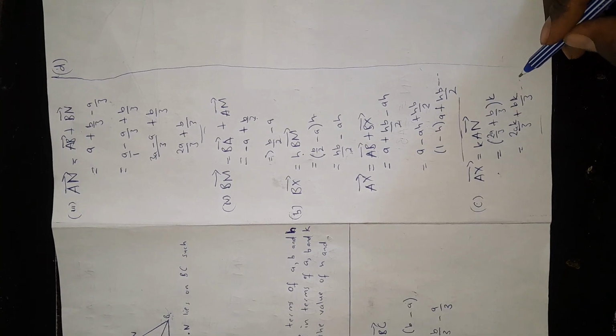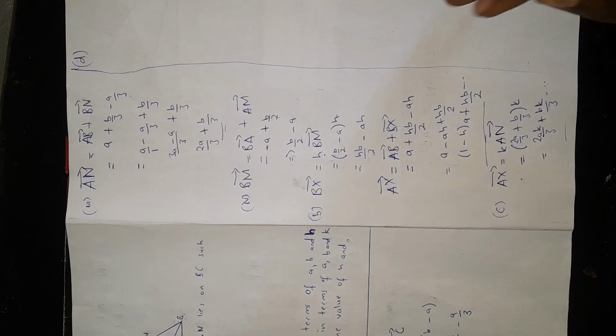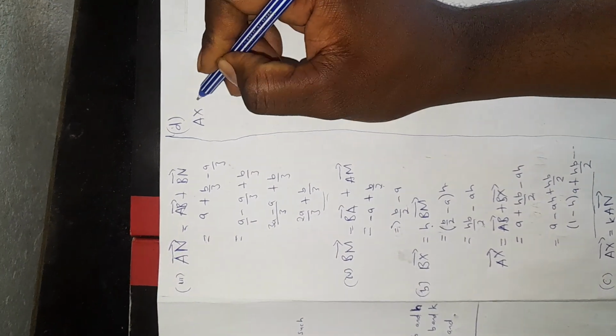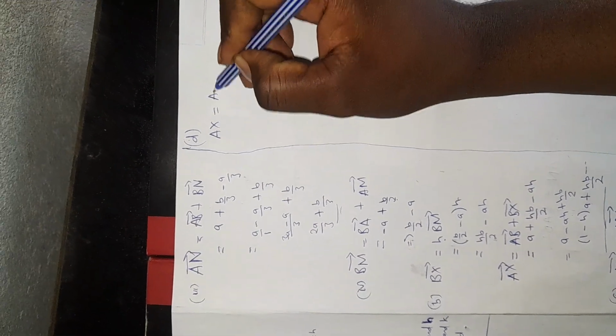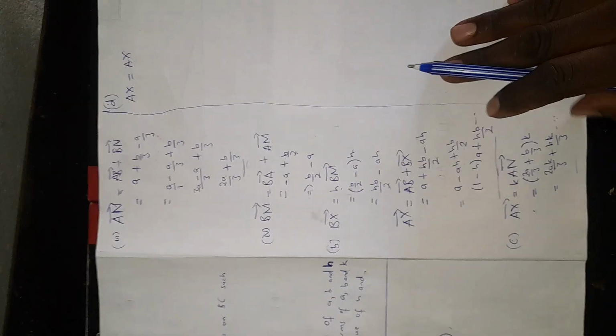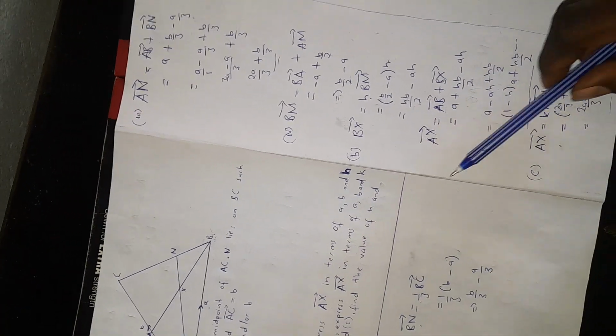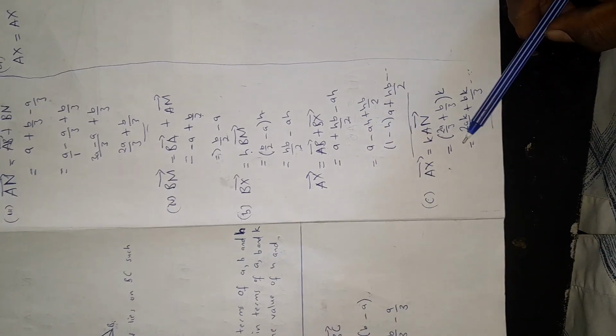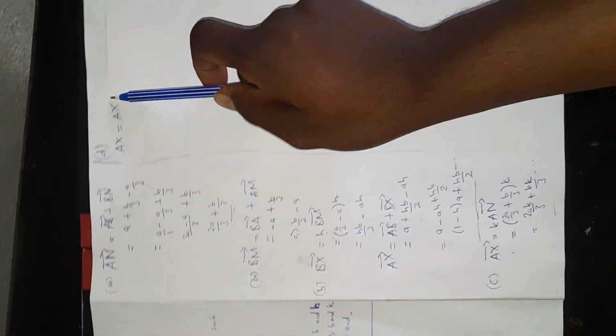Then for the result of C, I'm using this equation. So I will say AX is equal to AX. Your answer on B should be equal to your answer on C. That's how you express your expression here.